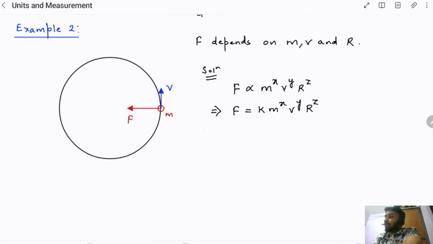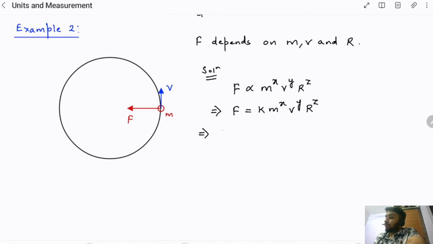Now the next step is to equate the dimensions on both sides, which is based on the principle of homogeneity. The principle of homogeneity states that each and every term in any mathematical formula must have the same dimension. So we are going to use that property here.